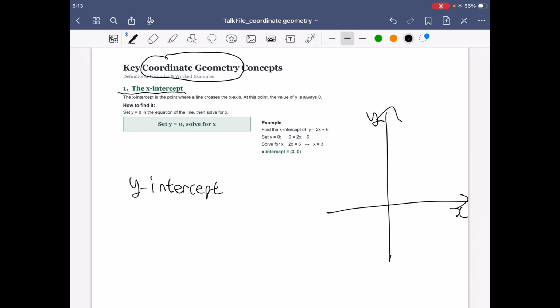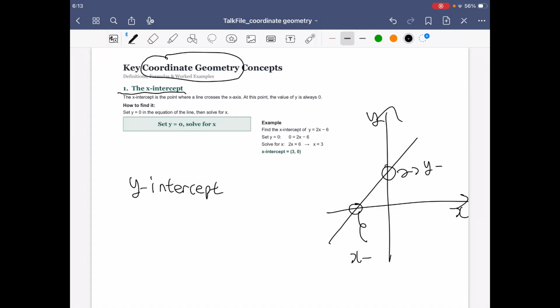So let's have a look at this specific example, this linear graph. This graph crosses the y-axis here, and then crosses the x-axis here. So this is called the y-intercept. So obviously, this is called the x-intercept.